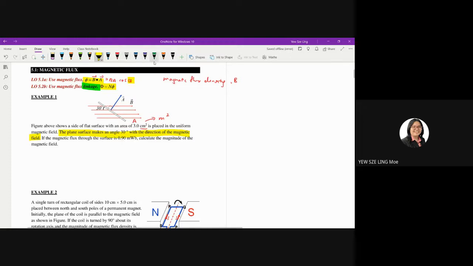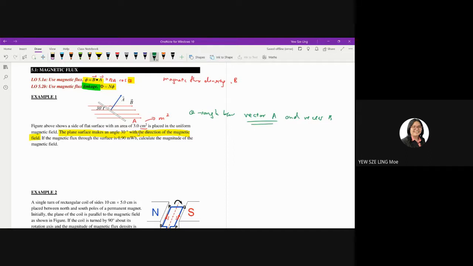But remember, when it comes to theta, theta is the angle between vector A, the vector area, not the plane, and vector B. So you want the angle between vector A, not the plane.